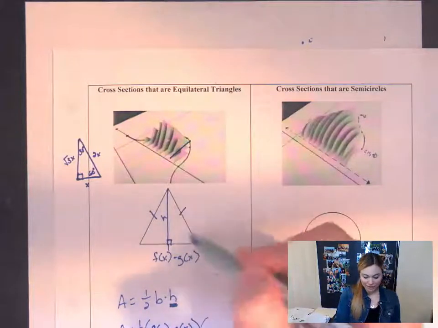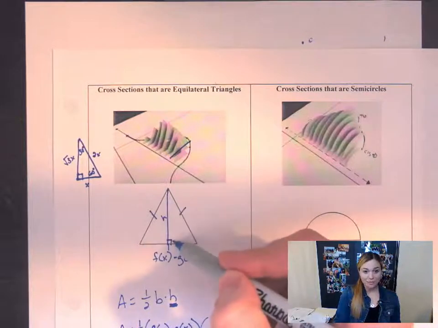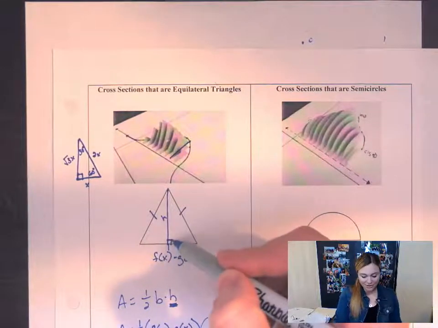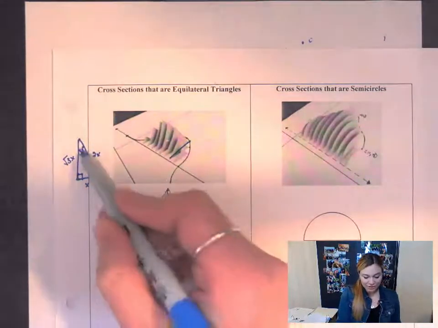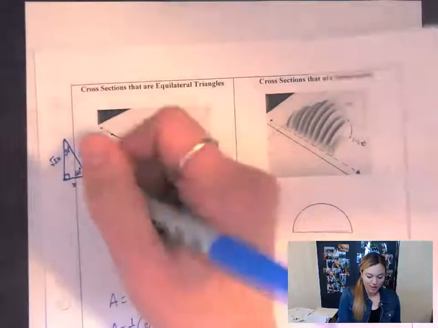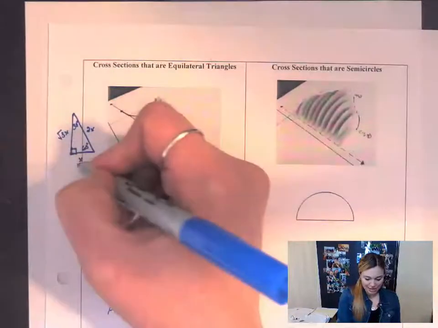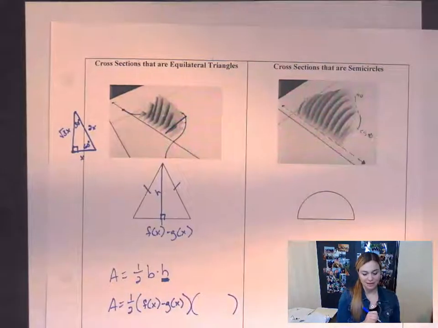So now I have a 60, 30, and I made a straight line, a perpendicular bisector right here. So, flashbacks of geometry, right? This is 90 degrees. So I have a 30, 60, 90 triangle. Remember, these are special triangles where we have this relationship. We have x is one of the legs. It's going to be the shortest leg. Square root of 3 times x is the longer leg. 2 times x is the hypotenuse.